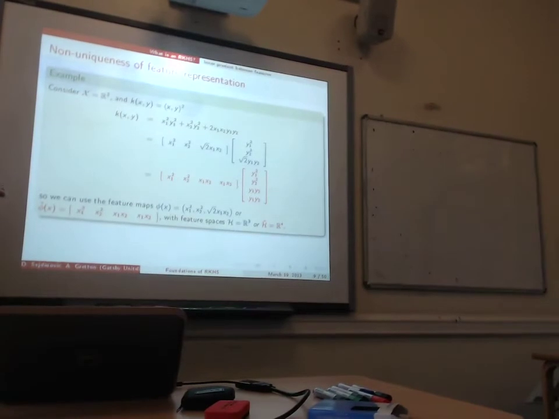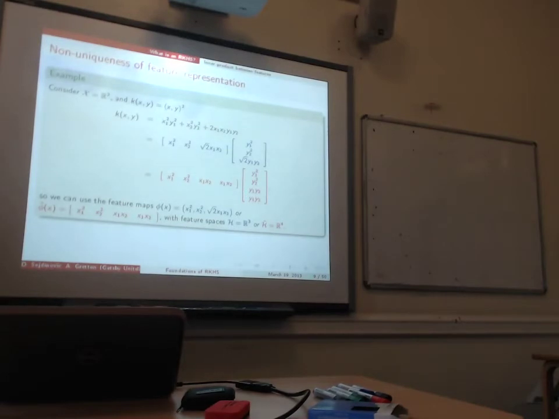Yeah? So that's a kernel because it can be represented as an inner product between three vectors. But that representation is not unique, because instead of taking the square root of 2 times x1 x2 here, I can just have two x1 x2 entries in a four-vector. Right? So that's another feature space representation of the simple kernel function. So I can have two feature maps and two feature spaces.